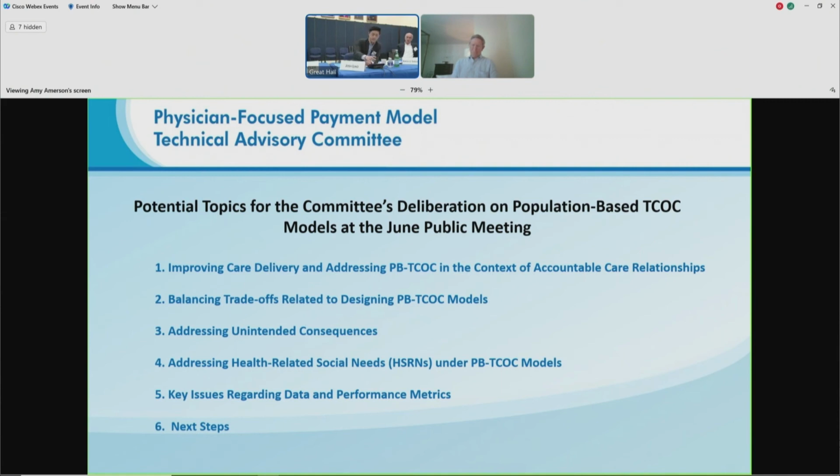Yeah, that's great. I think we spent a lot of time talking about data for performance metrics, and that data piece keeps coming back in the comments that many of you have made, and has really been foundational. In some of the models that we heard from, the presenters also emphasized that for their models to work, they really need timely data.